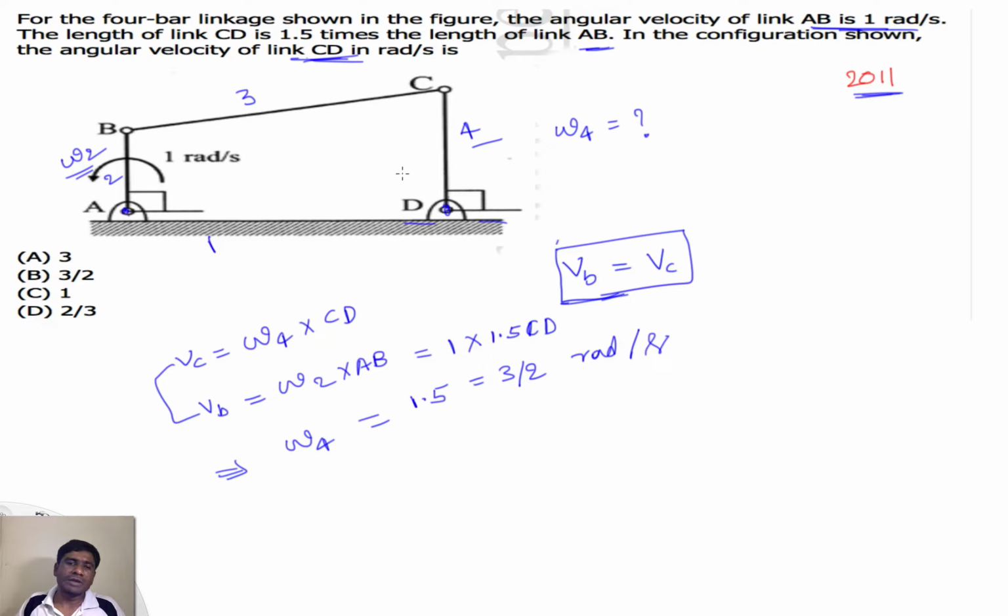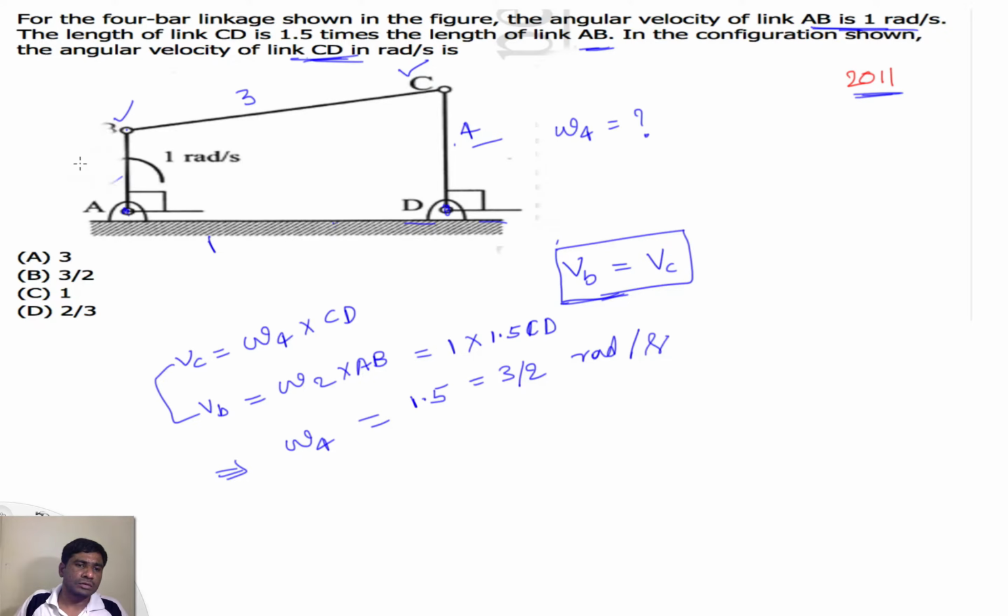So whenever you get a configuration like this, where link 2 and 4 are parallel to each other, then blindly you can assume that the velocity of point B equals the velocity of point C. Why am I saying there is no need for it to be perpendicular to the horizontal?